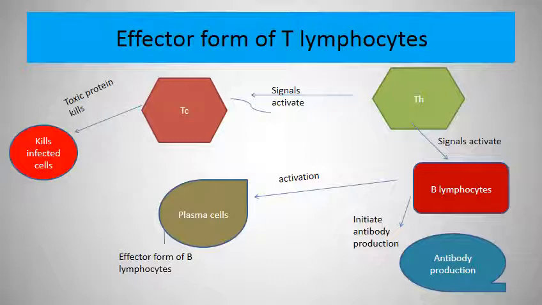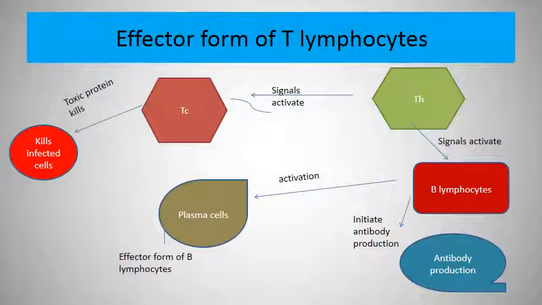These B lymphocytes can also activate what are called the plasma cells. Plasma cells are the effector form of the B lymphocytes that we saw in the other slide.